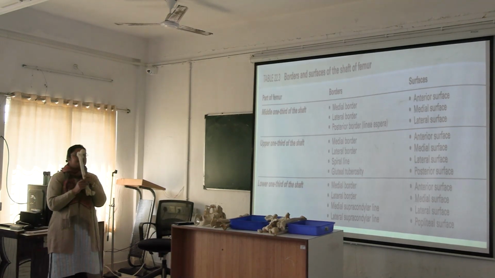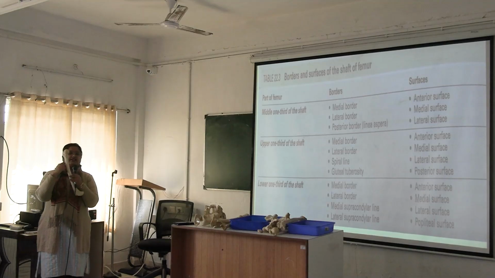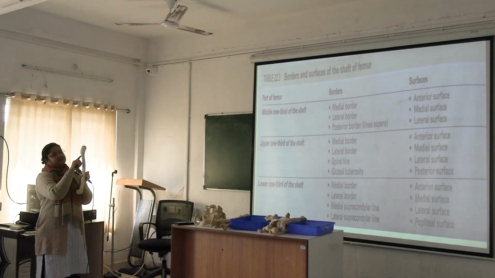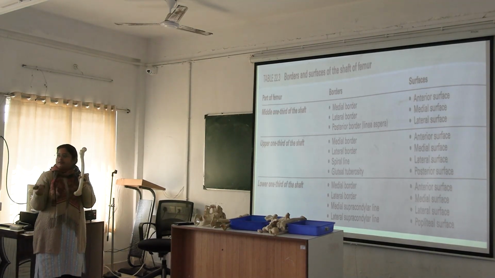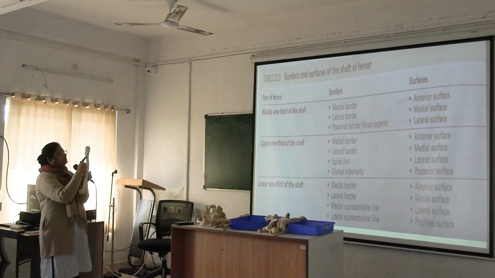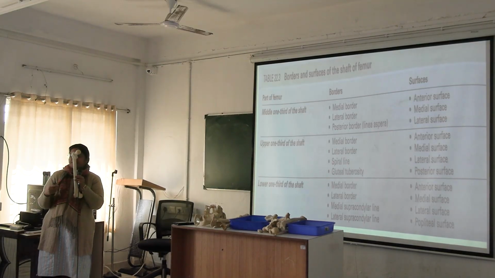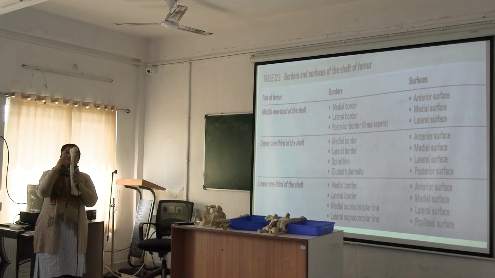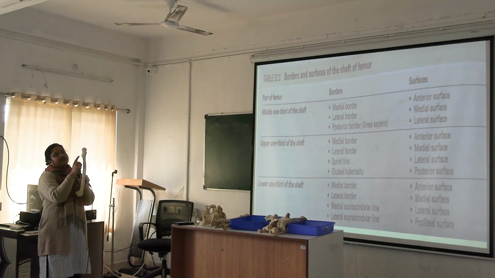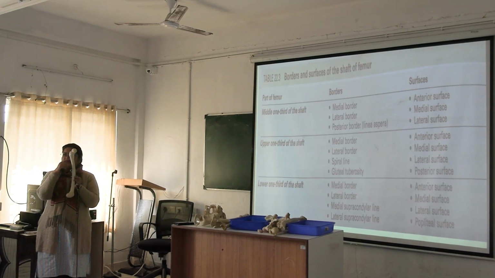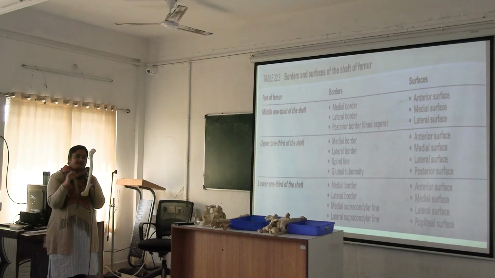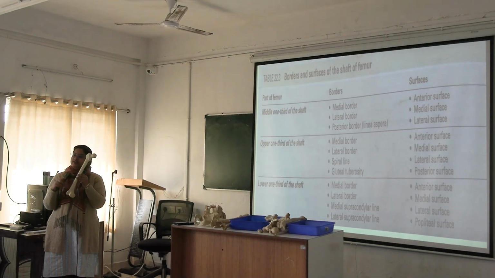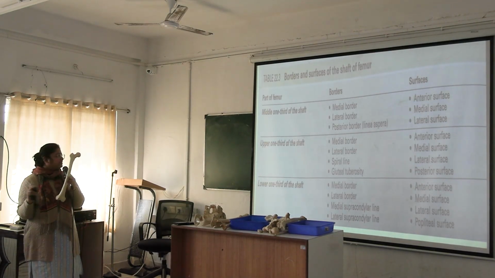First one is the medial border, lateral border, and here is the spiral line, or you can say pectineal line, and gluteal tuberosity. And the surfaces are anterior surface, medial surface, lateral surface, and posterior surface. So 4 surfaces in the upper 1/3, and in the lower 1/3 also 4 borders and 4 surfaces.